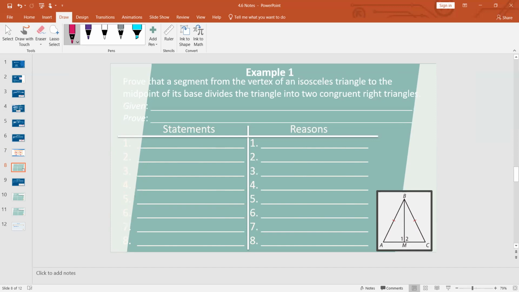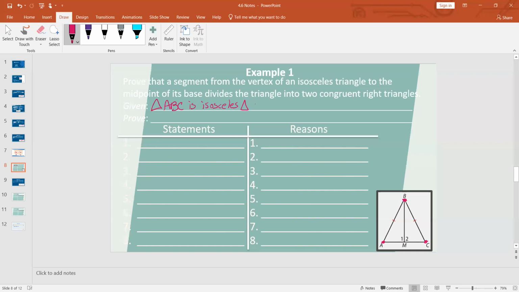We are given, first off, that it's an isosceles triangle. So given that triangle ABC is isosceles, and make sure that with isosceles triangles you define your legs.